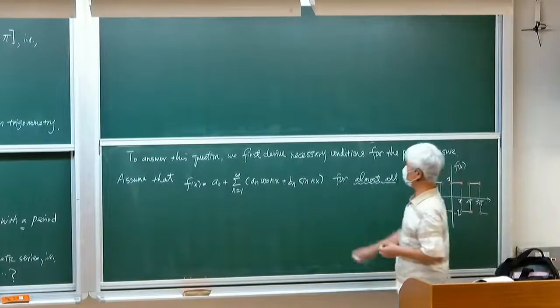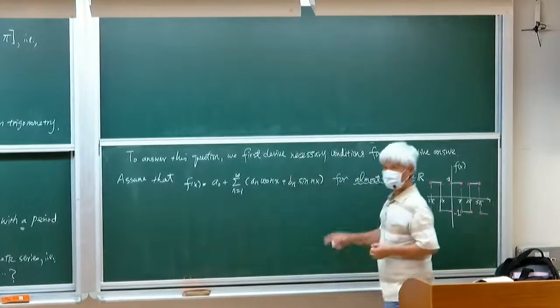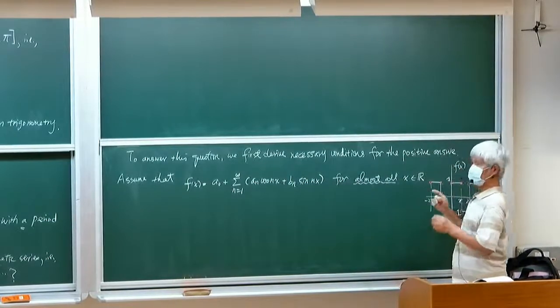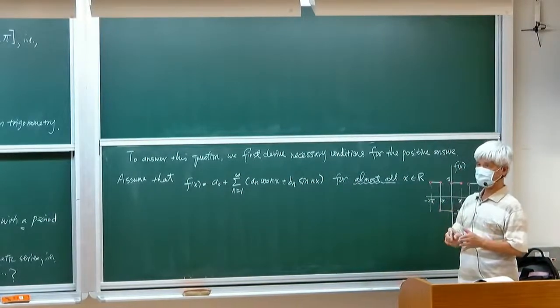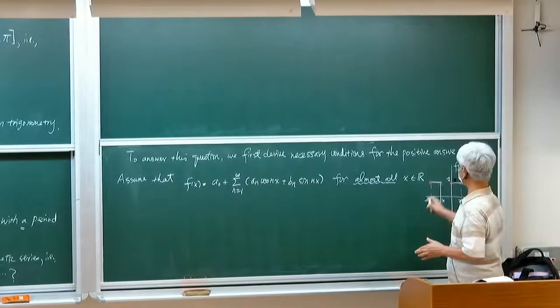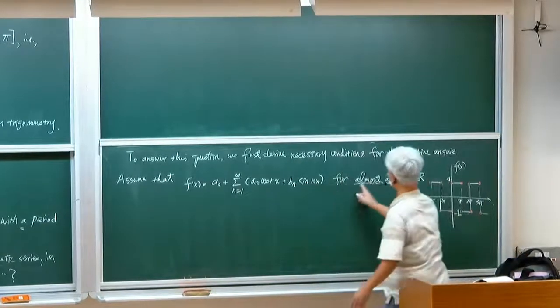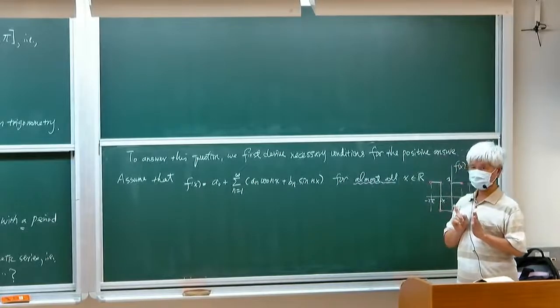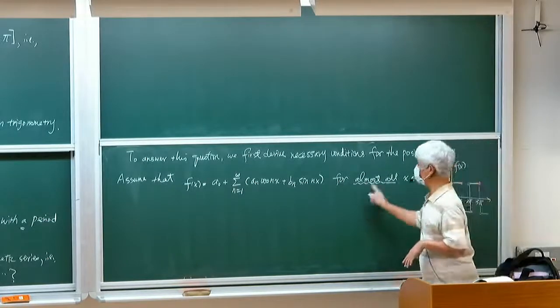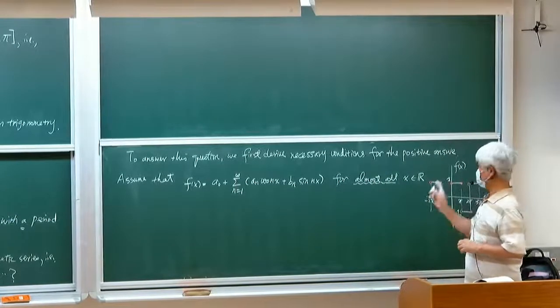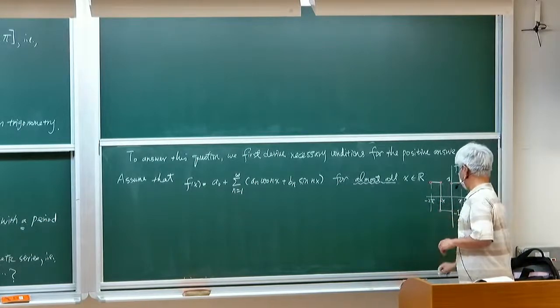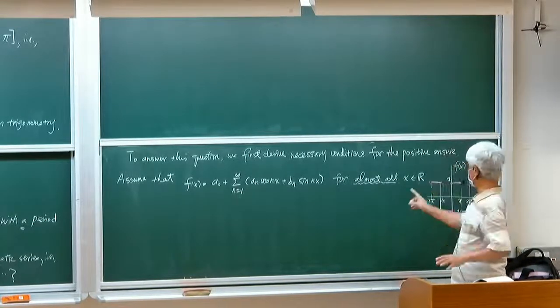So they are not equal at the multiples of pi. They are not equal for all x in R, but they are equal for almost all x, except at points, and the length of this set of points is equal to 0.